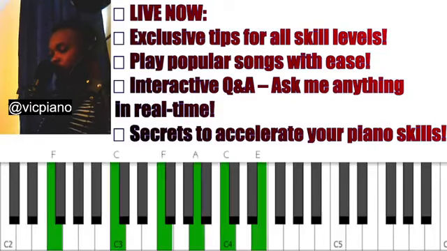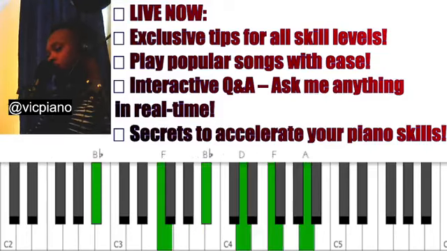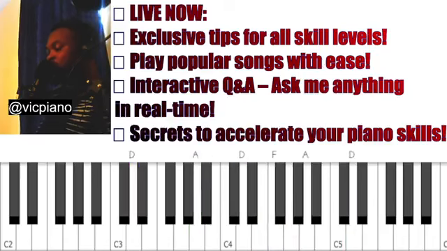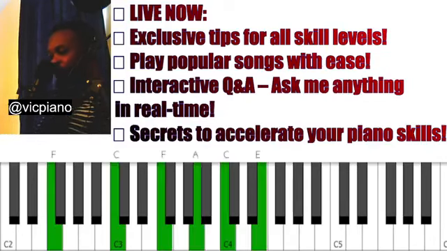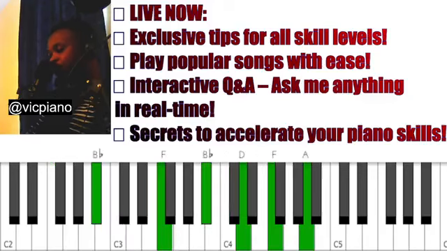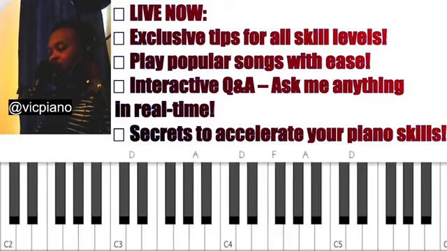So this is it. 1, 4, 6, 5. Now with this progression that I played right now, there is no passing chord in it. The chords of my intention are just 1, 4, 6, 5. Now watch what happens when I add a passing chord.